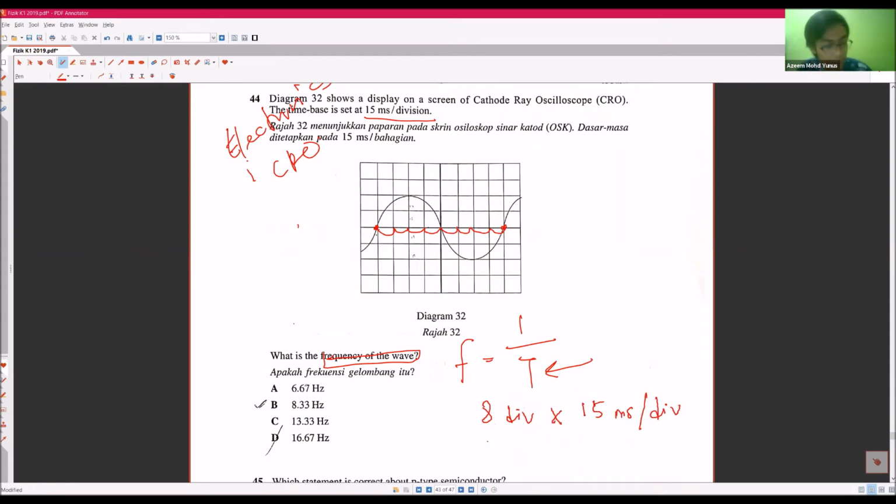So how much is it? 120 milliseconds. Make sure that you convert to seconds by using the calculator, which is shift 5. 1 divided by 120, shift 5, 8.33. So B.